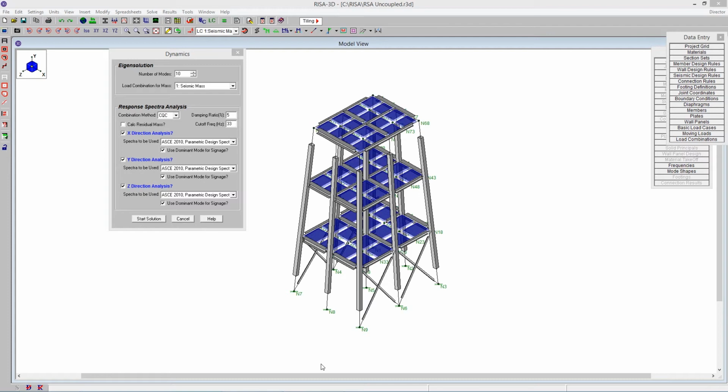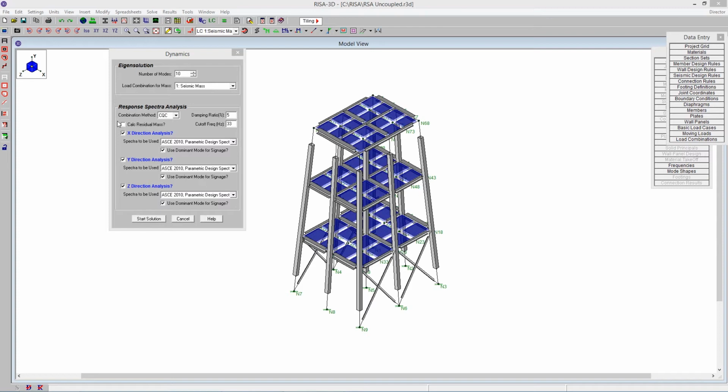We also could have done SRSS, which is square root sum of squares, and that's closer to your hand calc method, not as much used anymore in design practice. And then we also have the ability to do the Gupta. This one is really for structures with significant rigid content. So in our model, we're going to go ahead with the CQC.